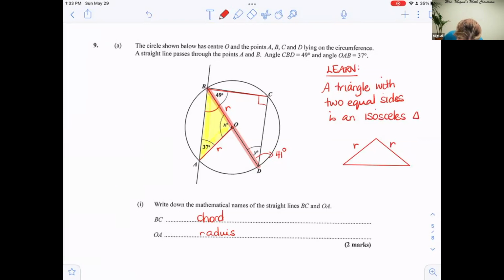So therefore, this angle here is 37 degrees. Work out the angle for me at X. What is the measure of angle X?